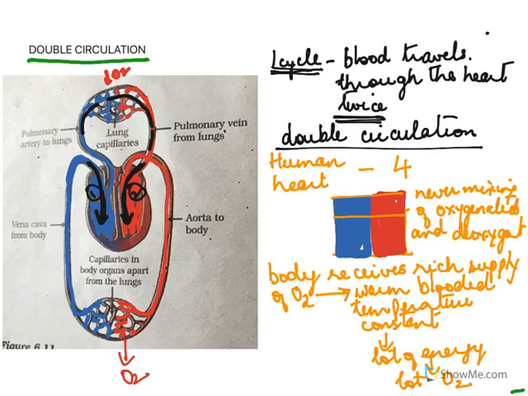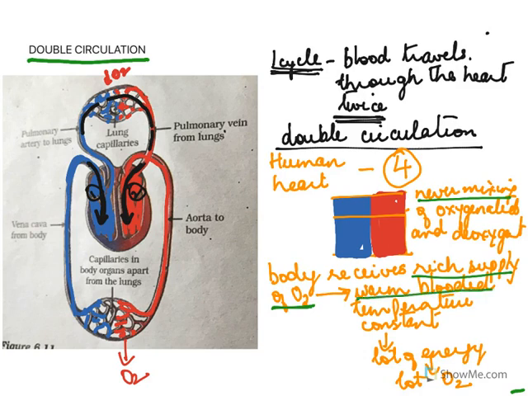Let me go over it again. So we said humans have a 4-chambered heart, and because of this, there's never mixing of the oxygenated and deoxygenated blood. So the body is richly supplied with oxygen. Why do we need a rich supply of oxygen?